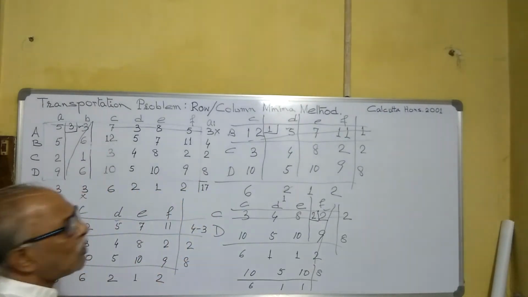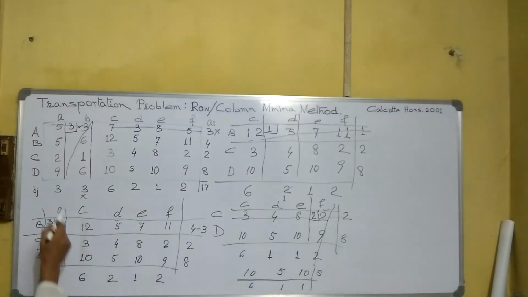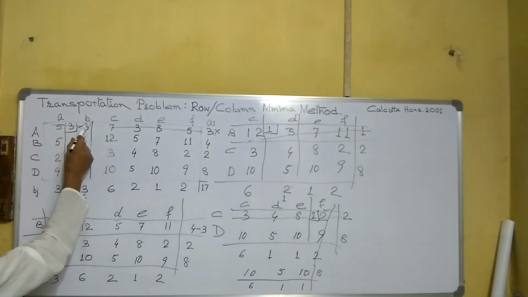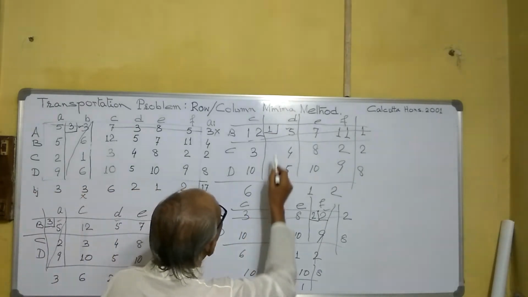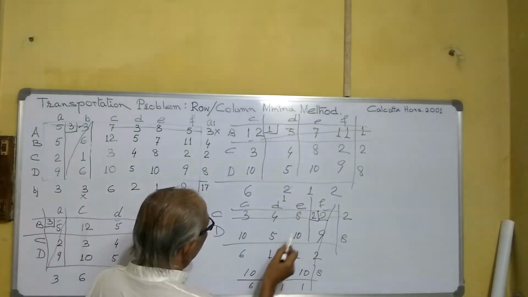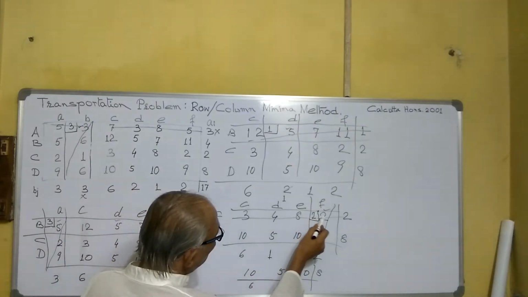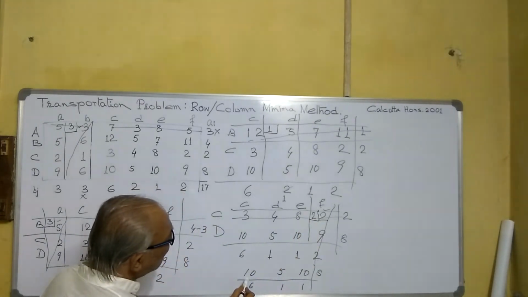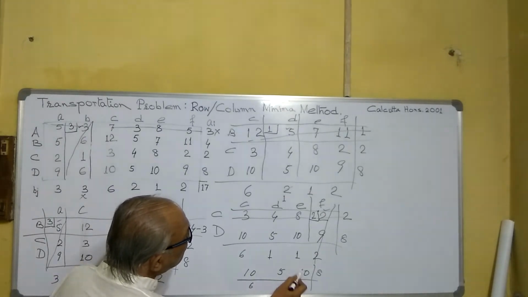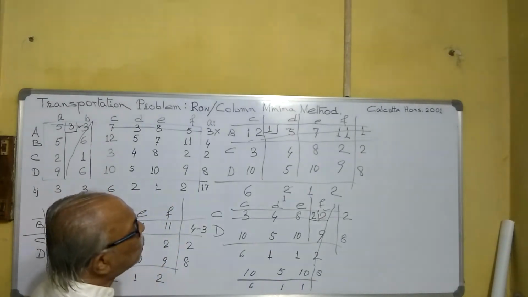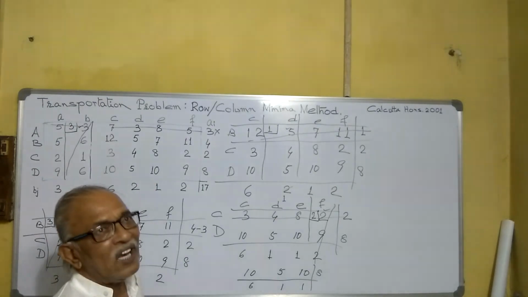I am not calculating, I am telling you how to calculate: 3 into 3 plus 3 into 5 plus 1 into 5 plus 2 into 2 plus 10 into 6 plus 5 into 1 plus 10 into 1.